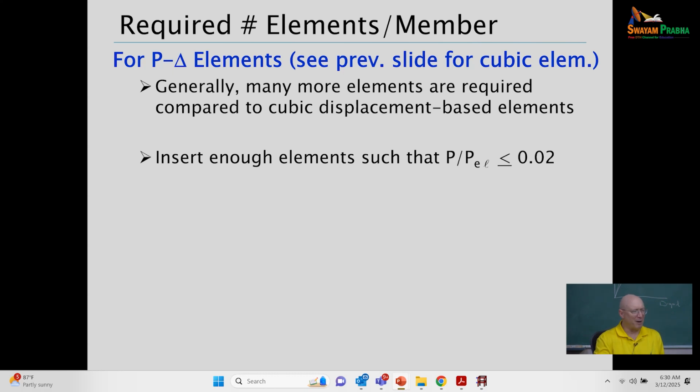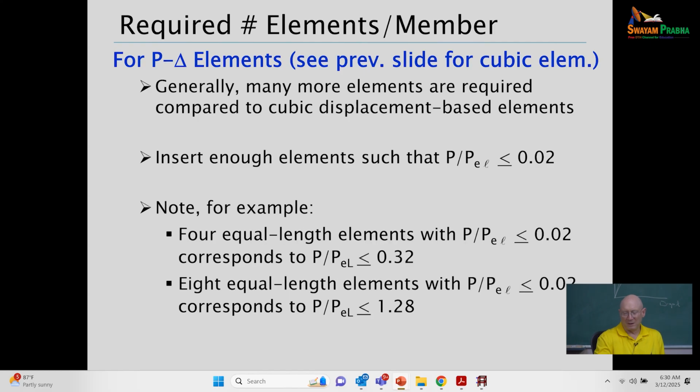So what does that imply in general? As an example, suppose we've got 4 equal length elements representing a beam column, and say P over P script L is equal to 0.02. Well, that means I can handle a P over PE capital L of 0.32, 0.02 times 4 squared, right?